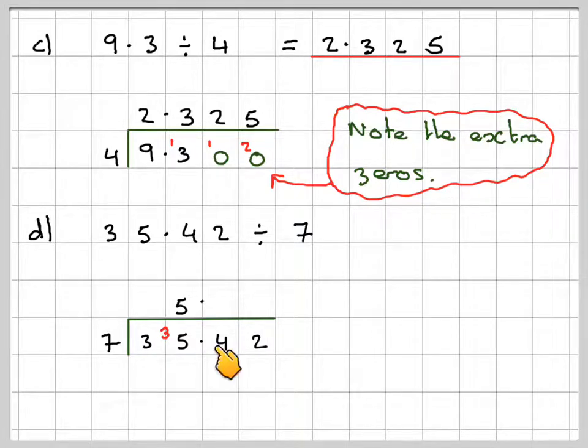And we haven't got any left over. 7's into 4 don't go, so we need to put in a 0 and carry the 4 across, and then 42 divided by 7 is going to be 6. So obviously to do division you need to know your tables. So the answer to this one will be 5.06.